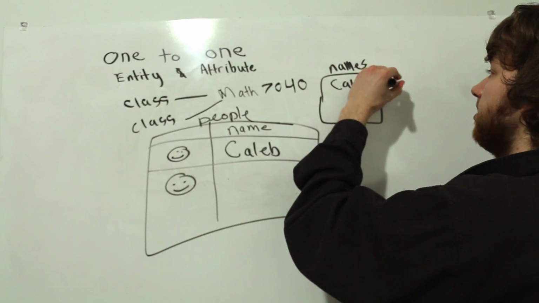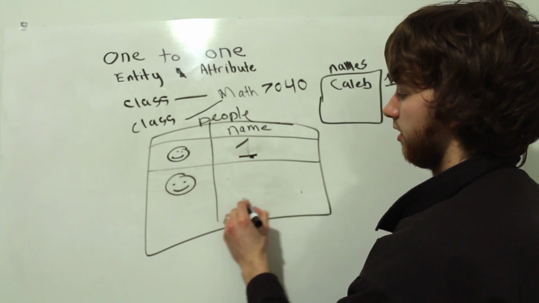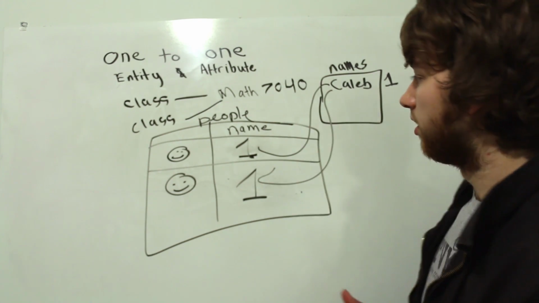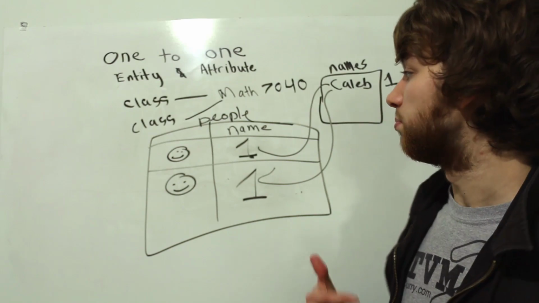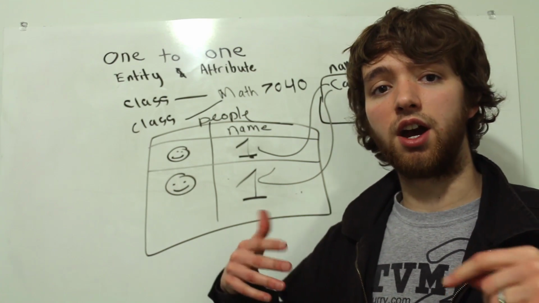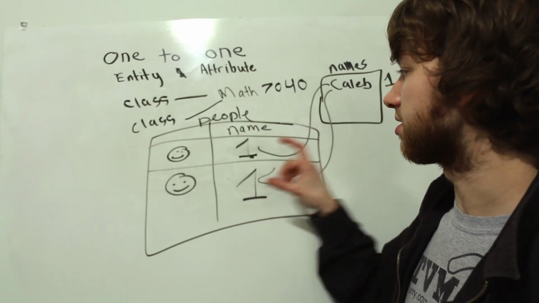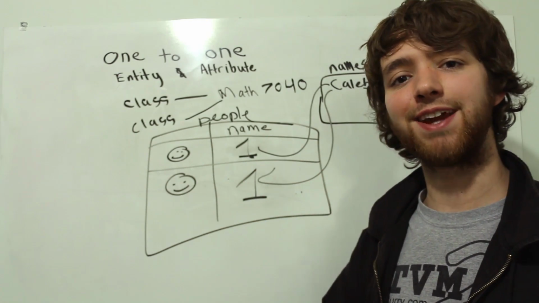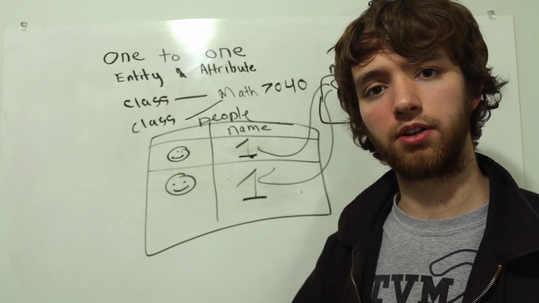So let's say this has the ID of 1. And then we could reference that. That's a total possibility, and in fact it would work. But it's unnecessary strictness. Just because there's a possibility that the attribute could be repeated doesn't necessarily always mean that it's a one-to-many relationship.